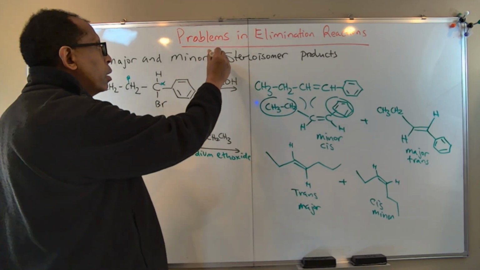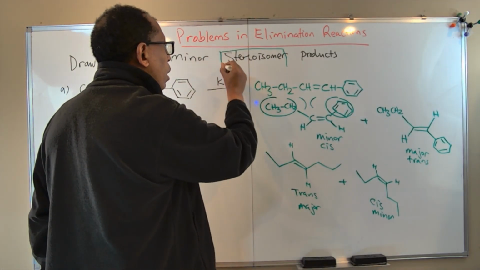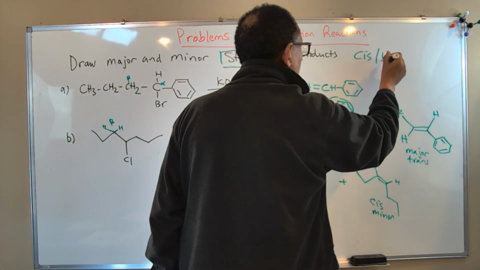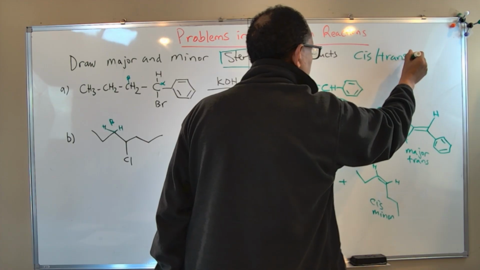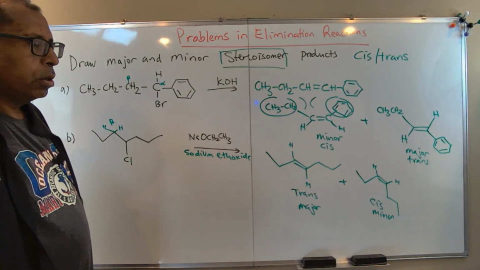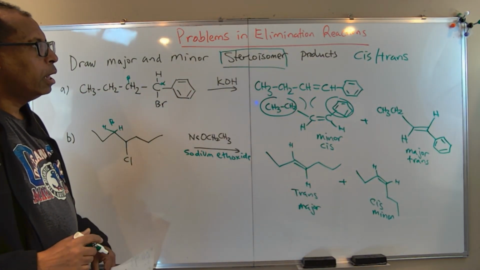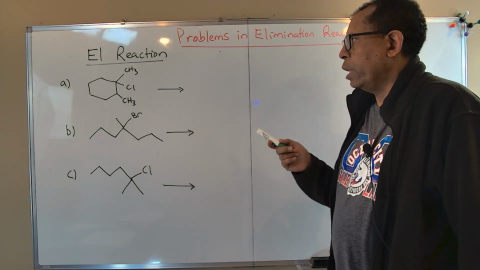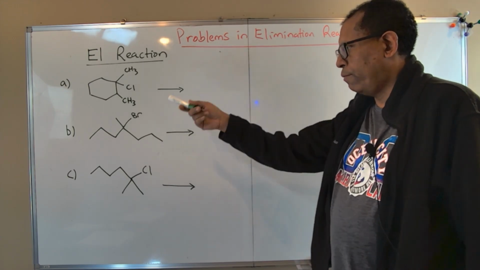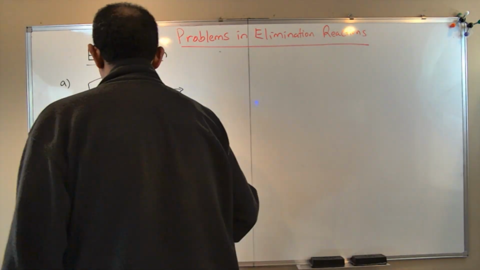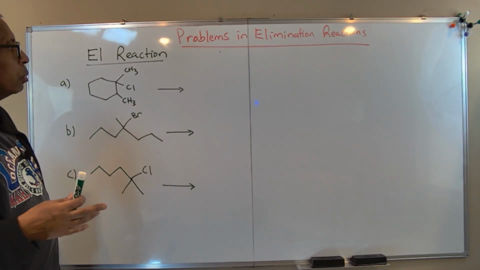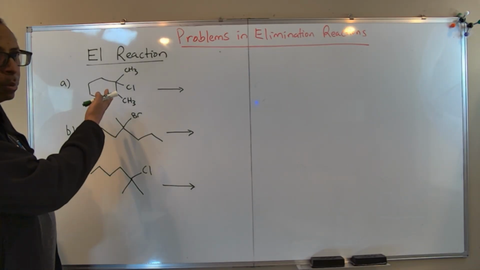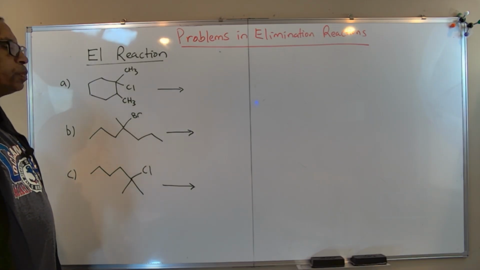So when we say stereoisomers for an alkene, we mean that it is cis and trans. Okay? So we'll continue more on elimination reaction. For an E1 reaction mechanism, we have three problems. This problem is asking you to give a major product and a minor product from this E1 mechanism.